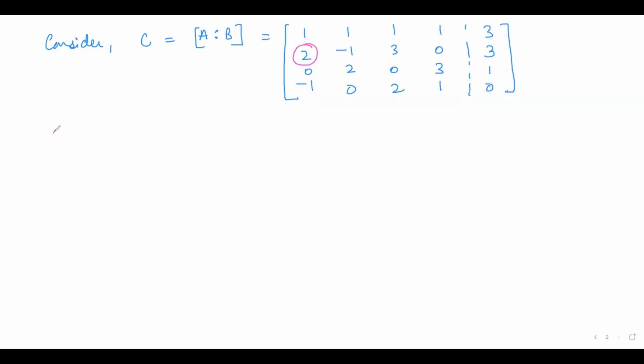Now, as a21 is of maximum magnitude, interchange rows 1 and 2.